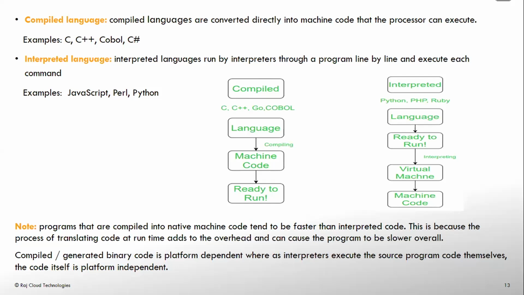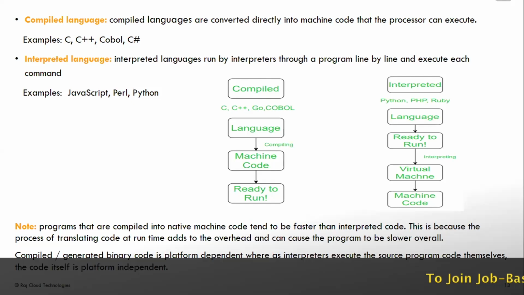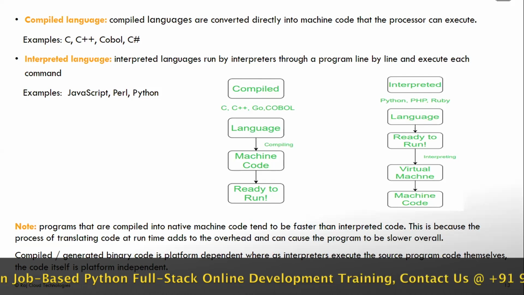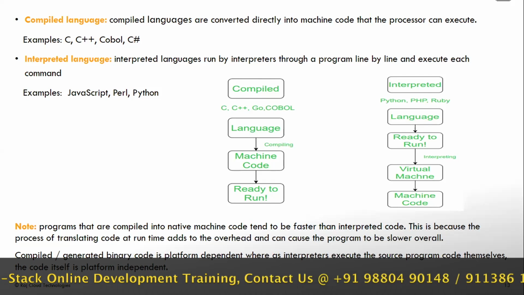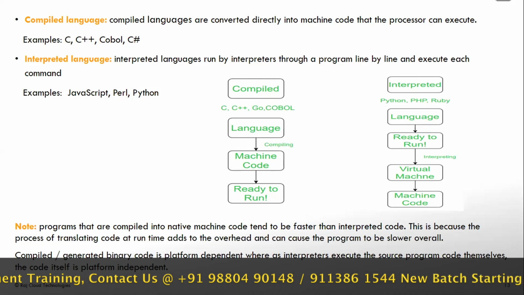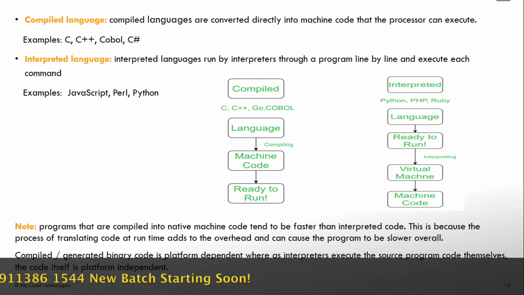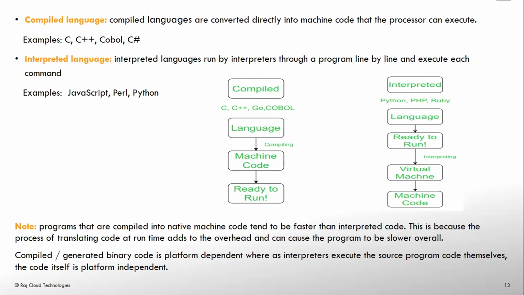If you run that code on a different machine with a different processor, different OS and different motherboard, it won't run. It won't run because the machine language was created for a different configuration of the system, both the hardware resources and the operating system resources. That's why compiled languages are platform dependent.